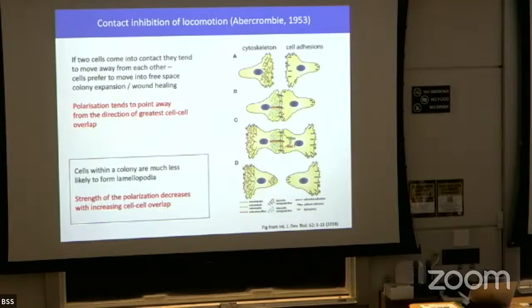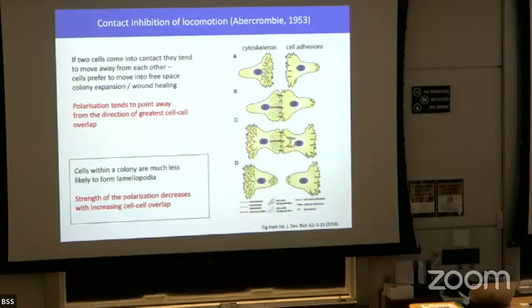He had two cells and they approach each other. This is actually the front of the cell, remember? They approach each other and they tend to move away from each other. So pairs of cells come together and then tend to move away from each other. Then people sort of extrapolated this idea to colonies of cells.